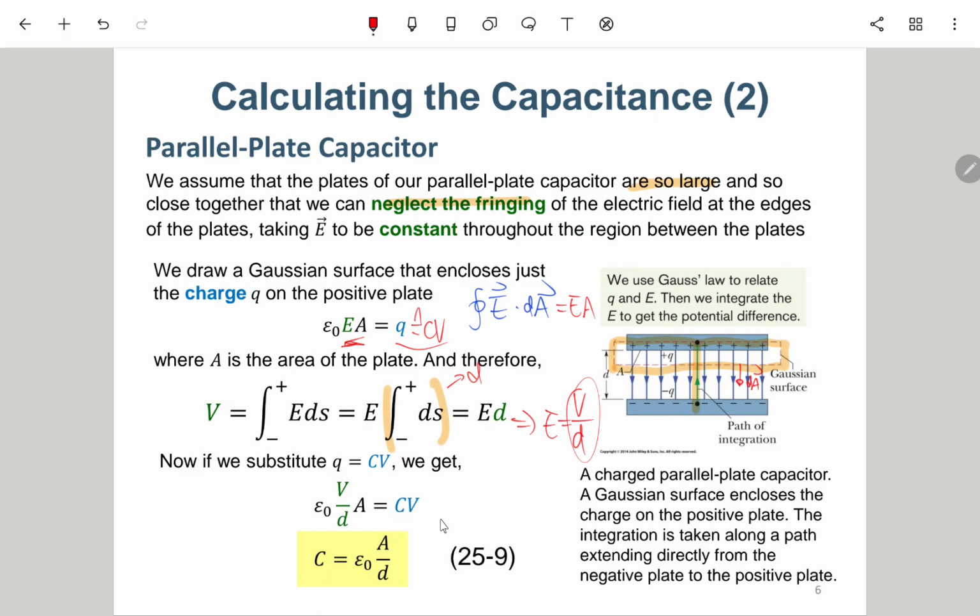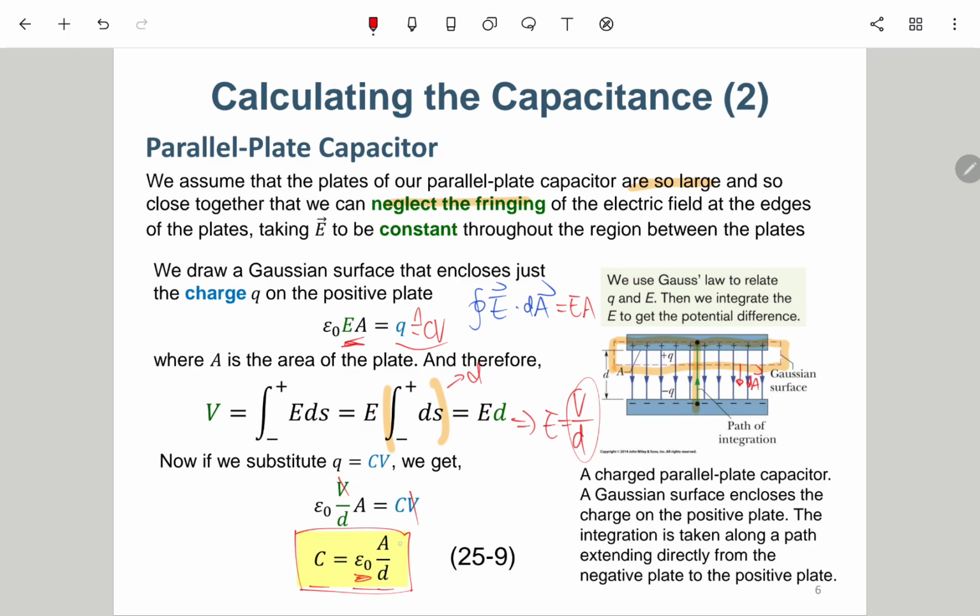In such a way we can cancel V on both sides. Finally, we get C equals epsilon naught A over d. So this is the closed-form expression for the parallel plate capacitor. Epsilon naught is the constant, the permittivity constant.